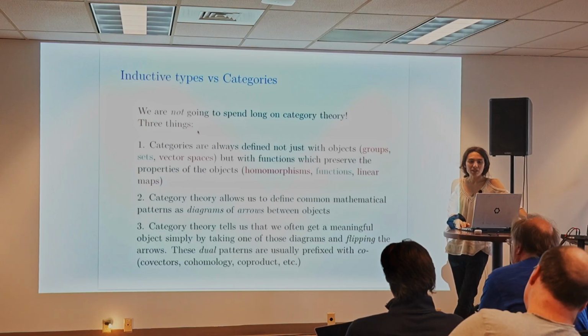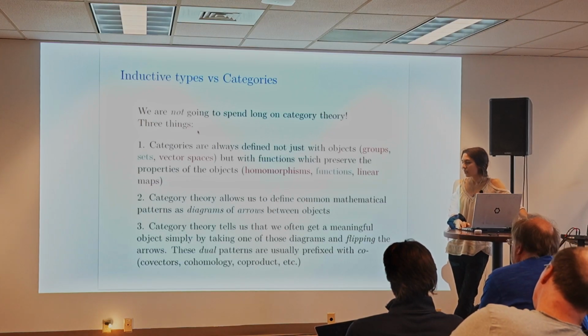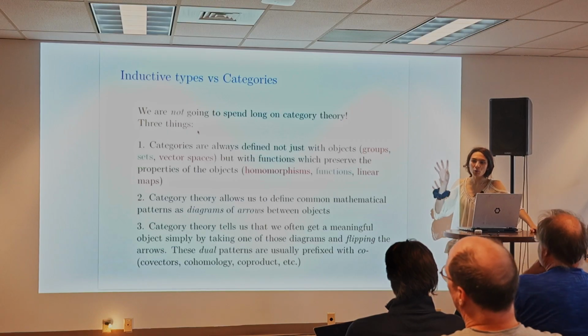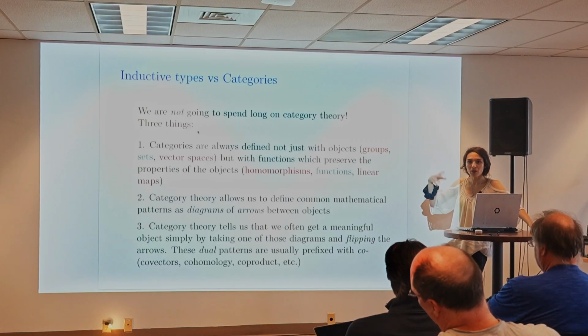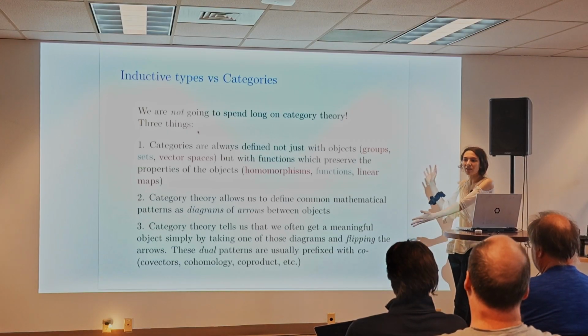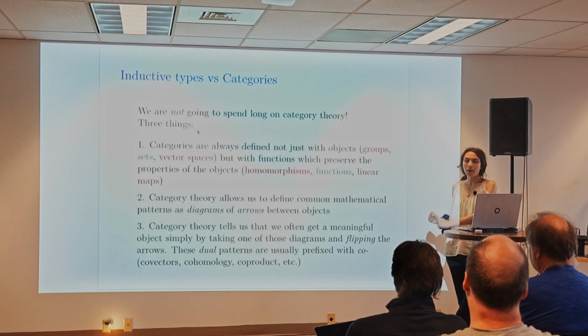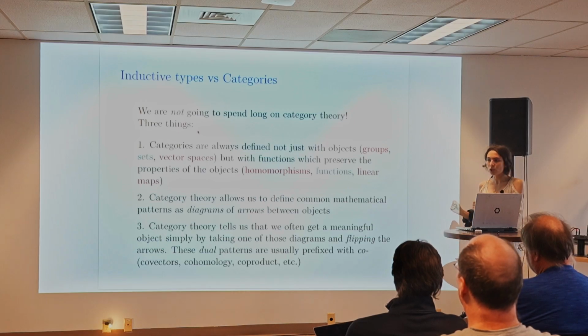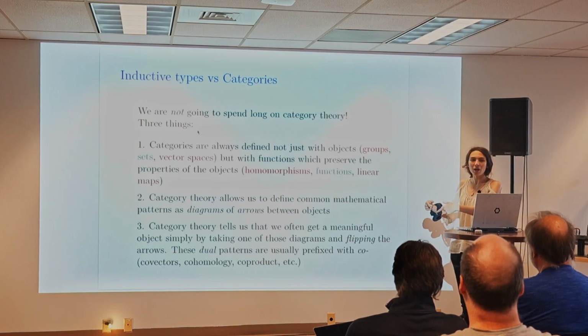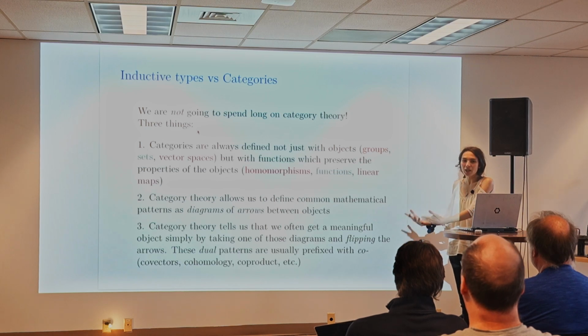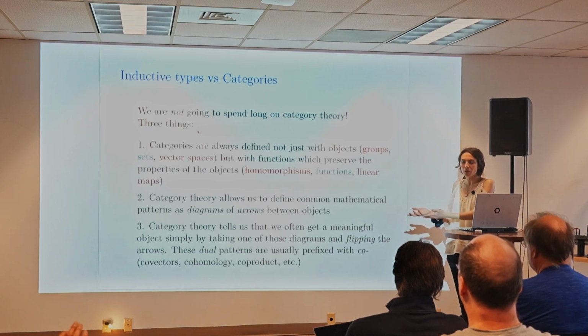Something very interesting about category theory that we're going to use is that it often tells us that whenever we have one of those patterns, and we can describe it as a diagram, we get something meaningful if we flip the direction of all of the functions. And I'm not necessarily talking about inverses. I'm saying you take the diagram, you flip the arrows, and you ask, what would these functions have to be in order for this diagram to still work?